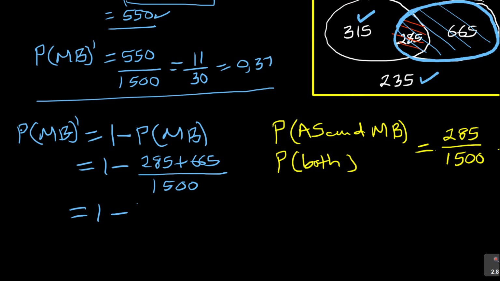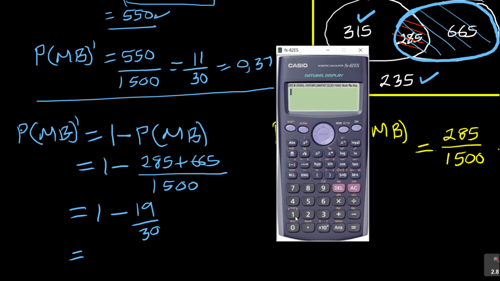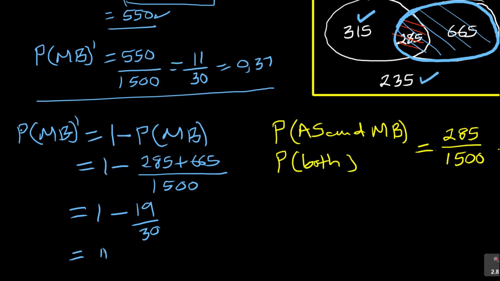So you're saying 1 minus 19 over 30, which will take us to 11 over 30, which was the same answer that we got there.